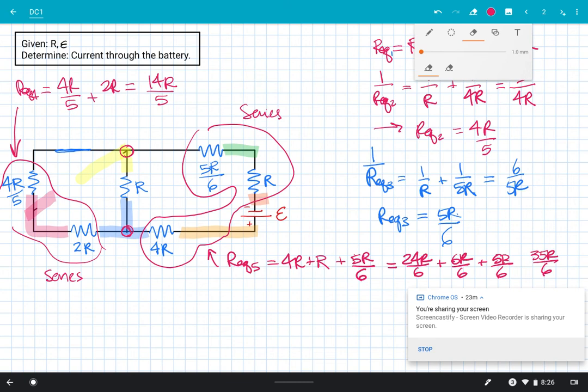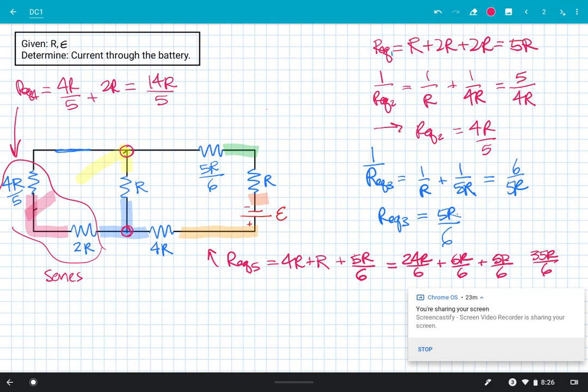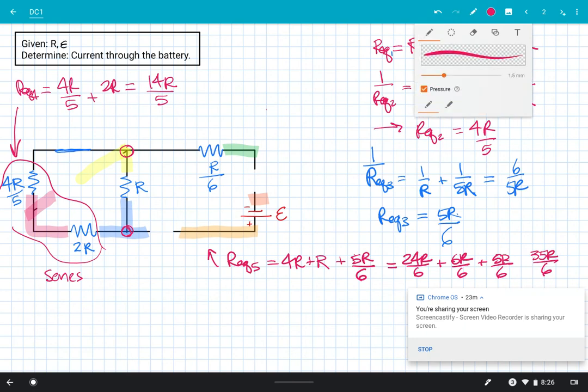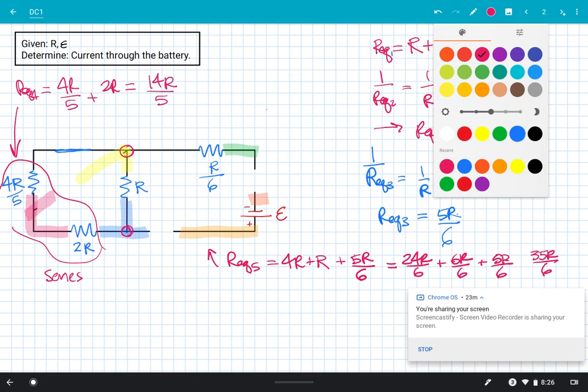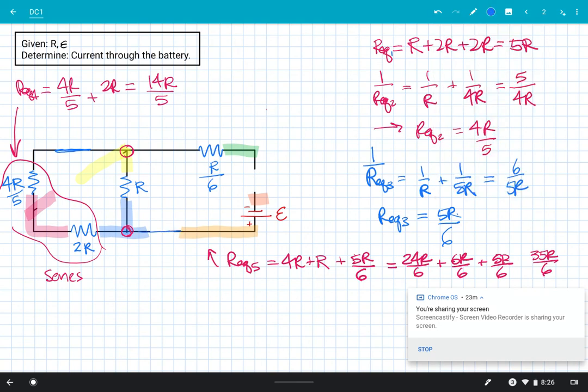Hopefully, as I'm doing these replacements, you're looking at your own work there and figuring stuff out. Take those out first. So 35R over 6 is what we're replacing with there.